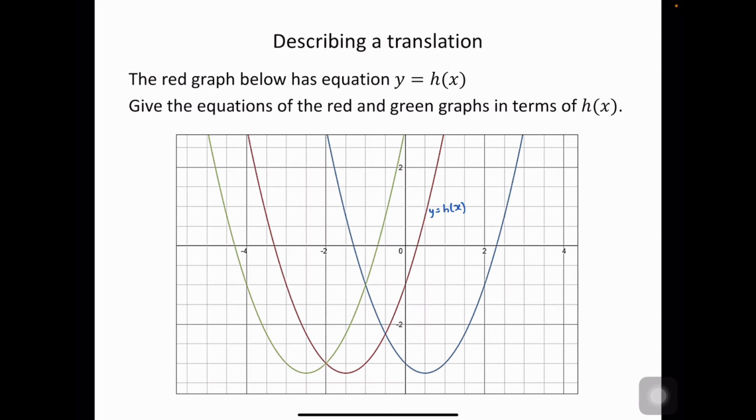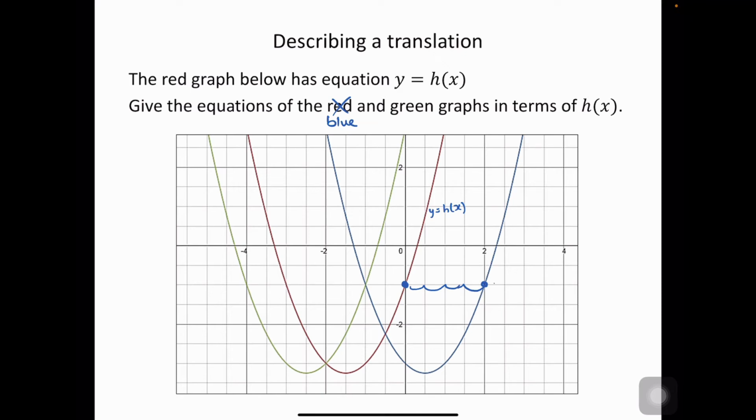So I'm going to pick a point, this point here. I can see that this has been shifted 4 spaces to get that blue graph. Yeah, I just spotted this is a typo, that should be blue. Sorry about that pause.